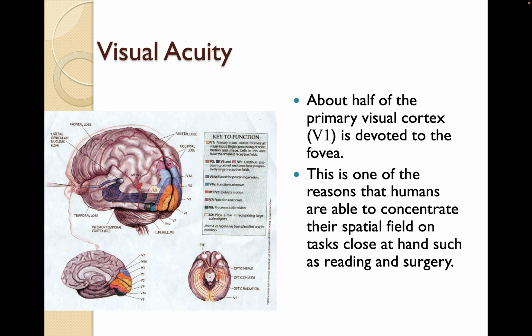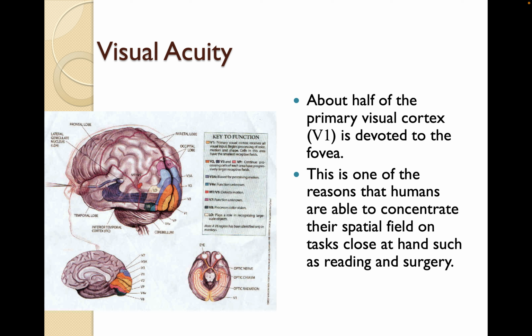About half the primary visual cortex, the V1, is devoted to the fovea. You can see the V1 is right in the back, this yellow portion here. It's relatively extensive, and it goes into the brain. It is the largest visual field.